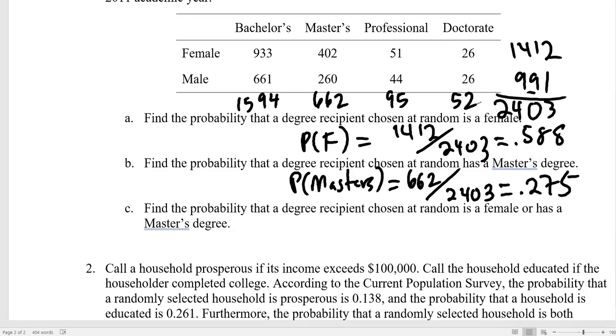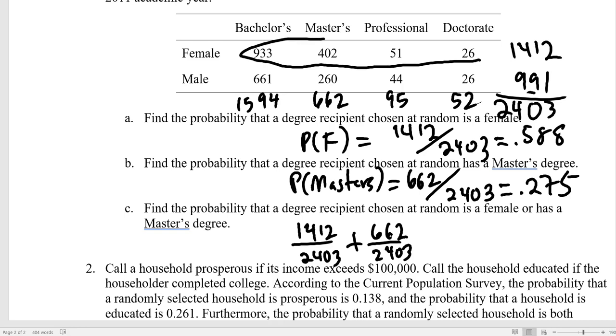Find the probability a degree recipient is female or has a master's degree. Well, I can add the females plus the master's degrees. But we just added all the females and all the master's degrees.